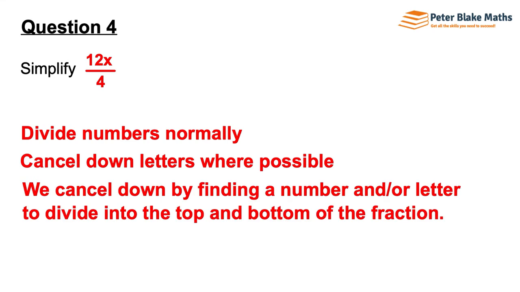Now cancelling down, we cancel down by finding a number and or a letter to divide into the top and into the bottom of the fraction. So 4 goes into the bottom once and into the 12 3 times. So on the top we get 3x and on the bottom we have a 1, which doesn't need to be written in this case. So final answer 3x.